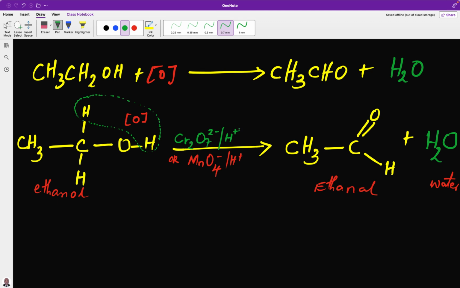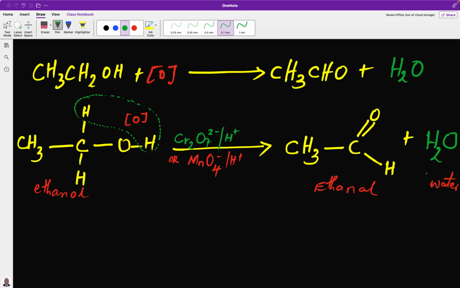The oxygen that is given by the oxidizing agent, addition of oxygen into a molecule, and removal with hydrogen. So now it is a molecule of water that is being eliminated.